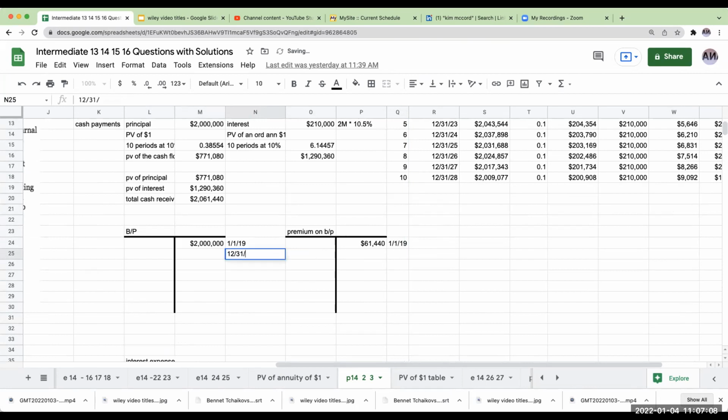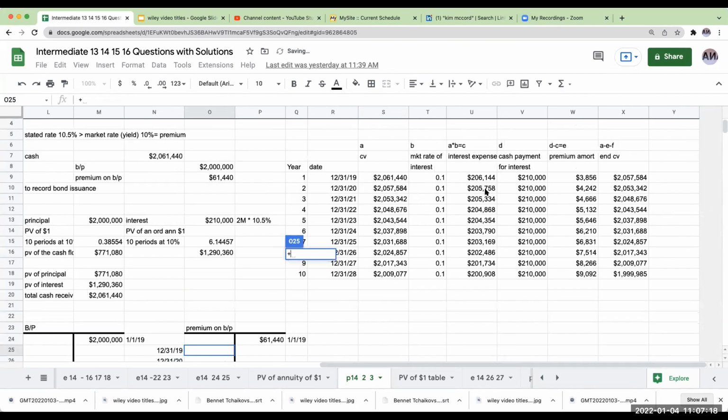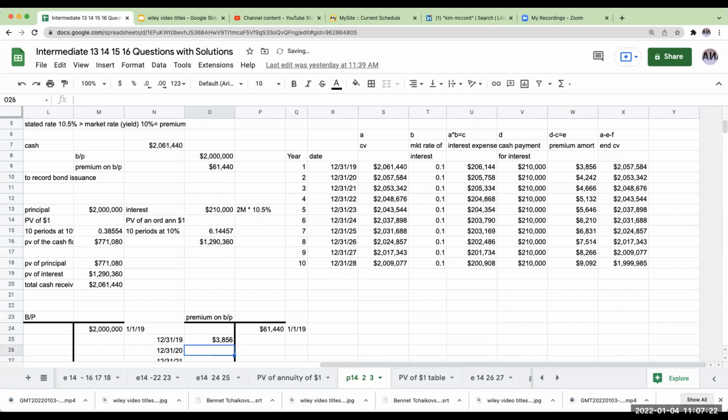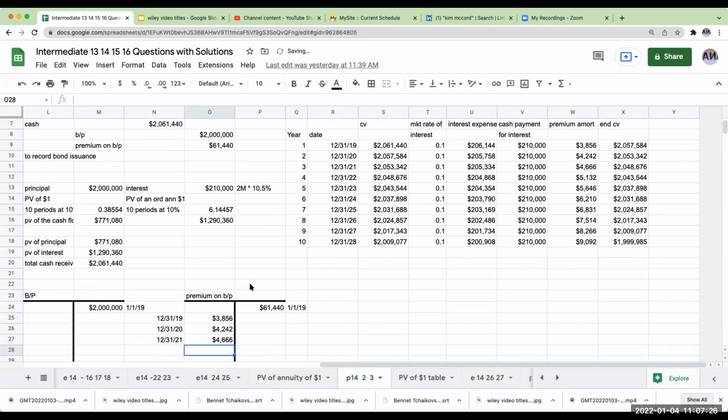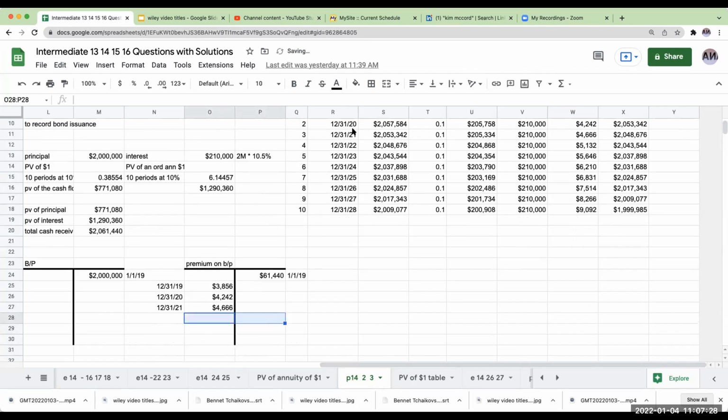So I've got 12/31/19, 12/31/20, and 12/31/21. On 12/31/19, I had a premium amortization of 38.56. Then over here, I had 42.42. And then lastly, I've got 46.66.